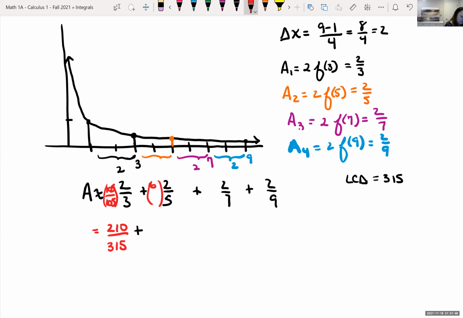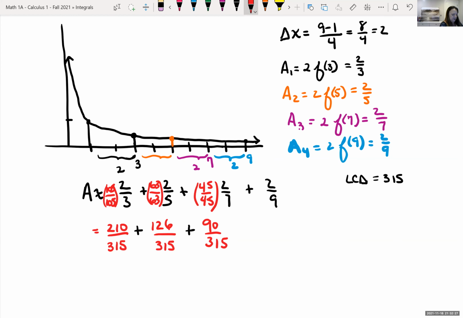So we're going to multiply both the numerator and denominator by 63. 63 times 2, that's 126 all over 315. So figure out what we need to multiply 7 by to get 315. 315 divided by 7 is 45. So I'm going to multiply this by 45 over 45. So 45 times 2, that's 90, so you have 90 over 315.